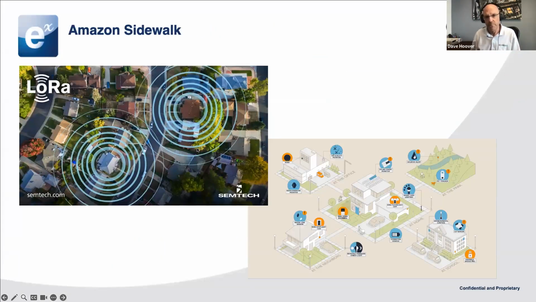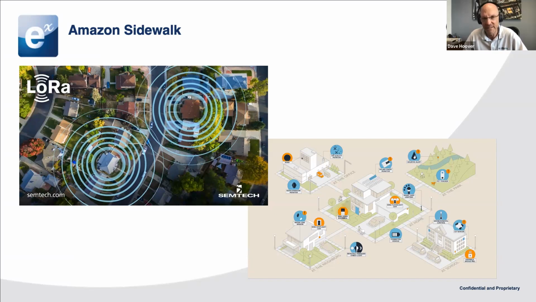Okay, so completely shifting gears here a little bit. Amazon Sidewalk is a super interesting technology that's gaining a lot of traction now. For those of you who don't know, Amazon, for a couple of years now at least, has been stealthily building out what you could call an IoT network.